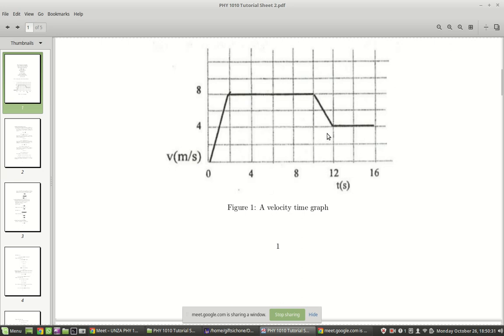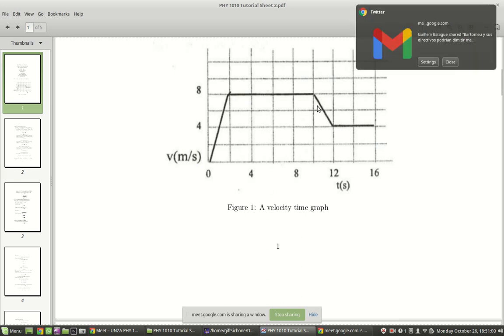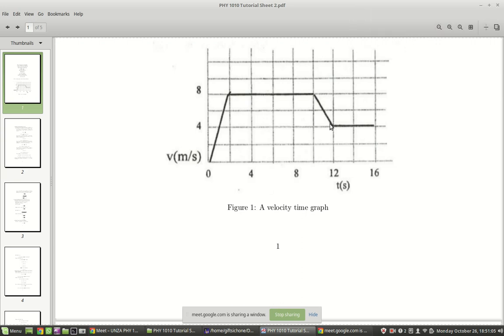What we know here is the initial velocity at 10 seconds, which is 8 meters per second, and the final velocity at 12 seconds, which is 4 meters per second. So we can use this and the time it takes, because the acceleration at 10.5, 11, and 11.5 is the same, since this is a straight line.